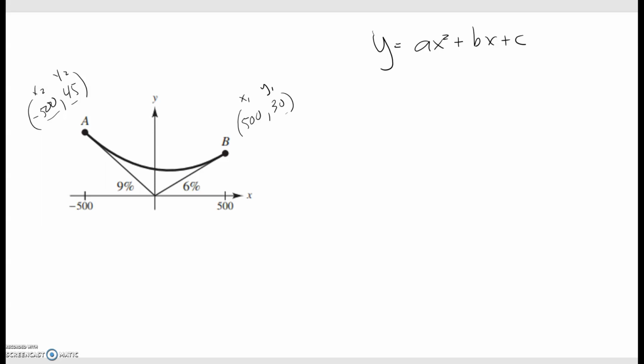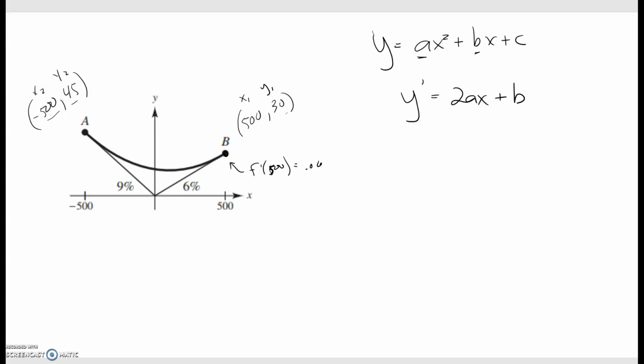Since these are 6% and 9%, the actual value of the derivative here, that is f prime at 500, is 0.06. Okay, so watch what we can do here to eliminate the c. So the derivative would be 2ax plus b, and now I'm going to be able to solve for a and b, okay?